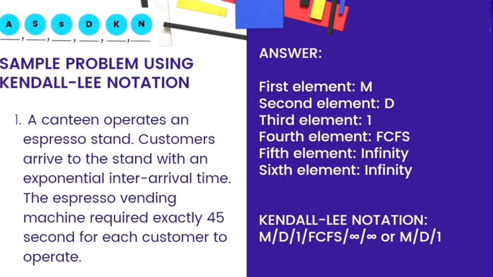Therefore, the Kendall-Lee notation for problem 1 is M/D/1/FCFS/infinity/infinity. Again, since the last three elements are FCFS, infinity, infinity, remember that we may omit these last three elements, so the model can simply be M/D/1.